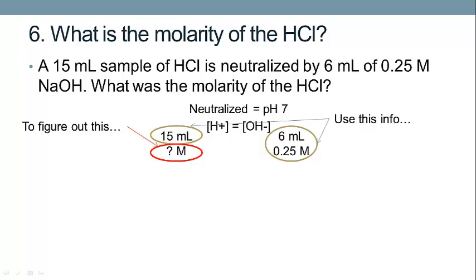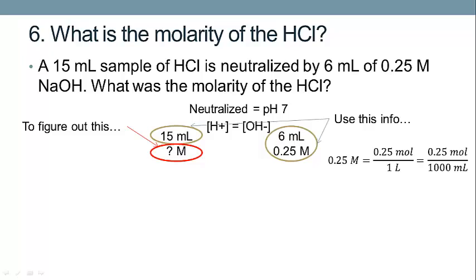First thing, I'm going to do a stoichiometry problem. I'm going to use my 6 milliliters and my 0.25 molar to figure out how many moles of NaOH I used up. Then I can use a balanced equation to go from moles of NaOH to moles of HCl. And then if I divide by that 15 milliliters, that can get me to molarity.